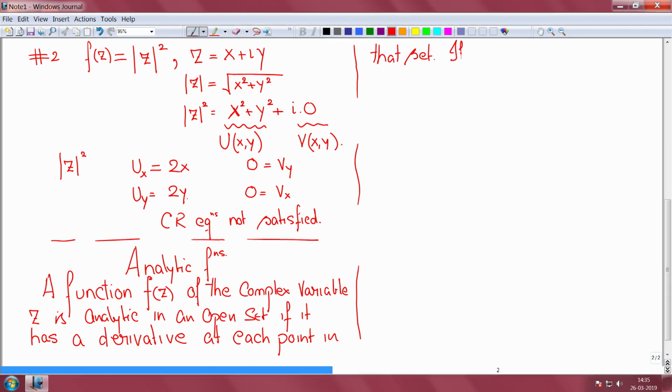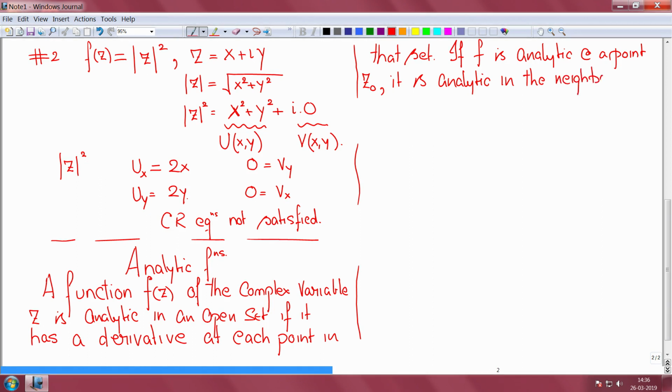If f is analytic at a point z0, it is analytic in the neighborhood of z0.